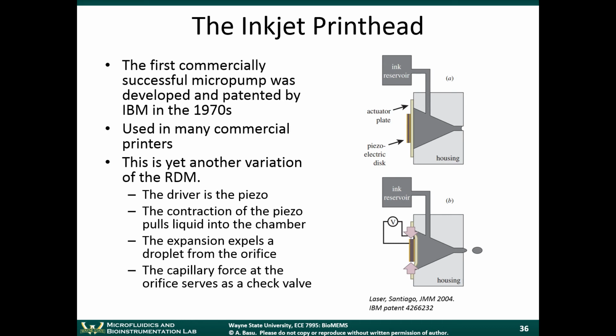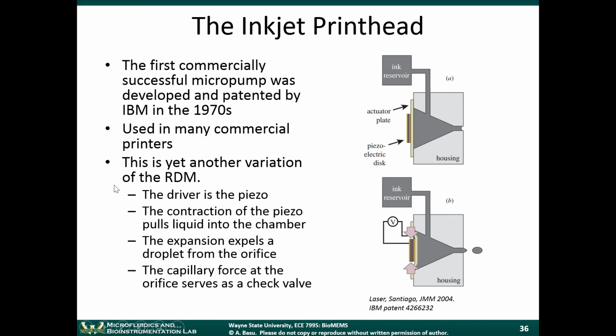So one could argue that this is probably the most successful microfluidic device. The piezoelectric inkjet printhead is really just another variation of the RDM, the reciprocating displacement micropump, meaning diaphragm, and then you have something that rectifies the flow.